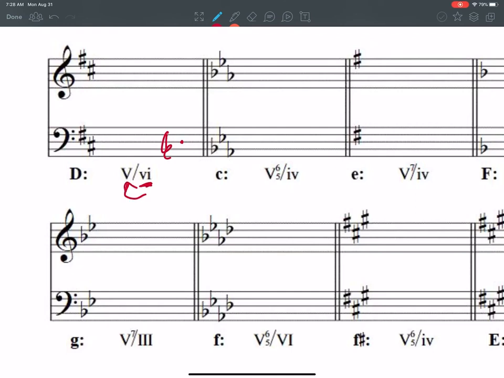In the key of B, what is 5? That would be B, C sharp, D, F sharp. So we're writing this chord.